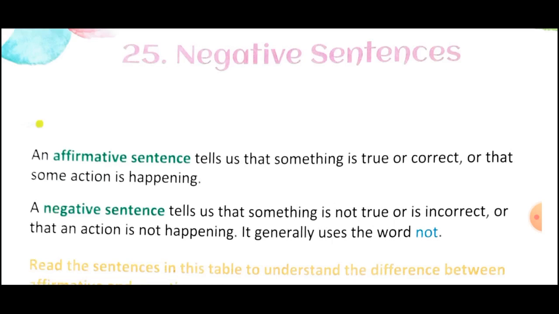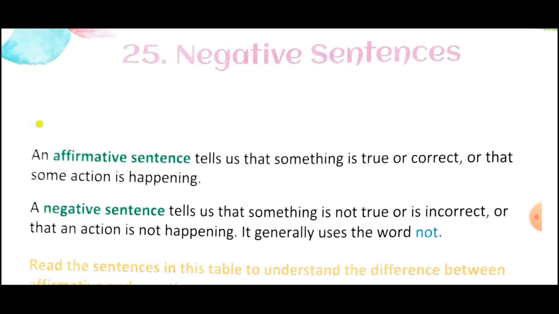At the end of an exclamatory sentence you will see an exclamation mark. If you see an exclamation mark at the end and an interjection at the beginning, it is clear that it is an exclamatory sentence, used to express your emotions. So these were the types of sentences.